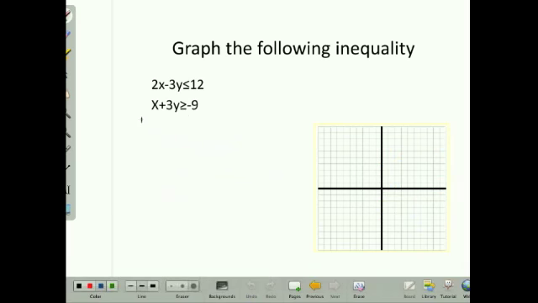So let's go ahead and do this one more time. These are standard form equations. Both of these lines are going to be solid. I'm going to substitute 0 for my x and solve for my y to find my y-intercept.